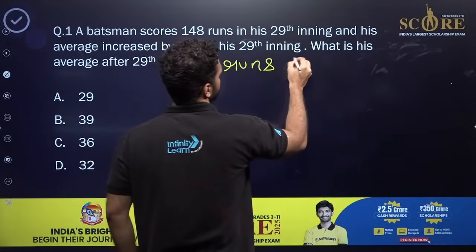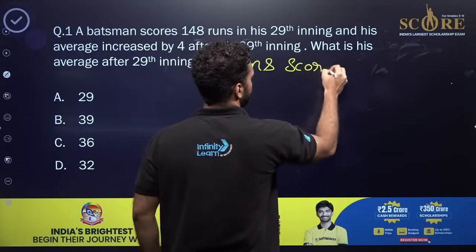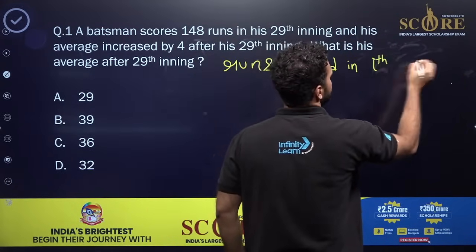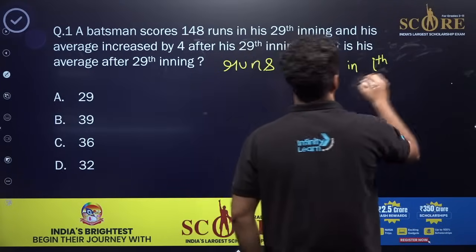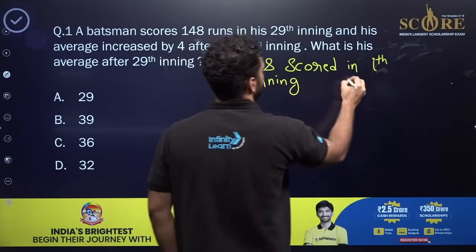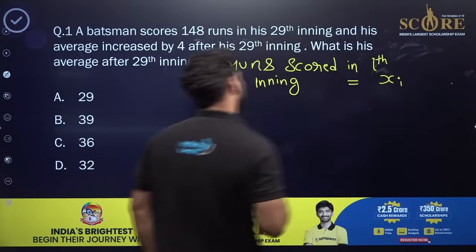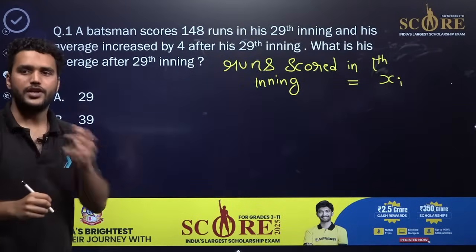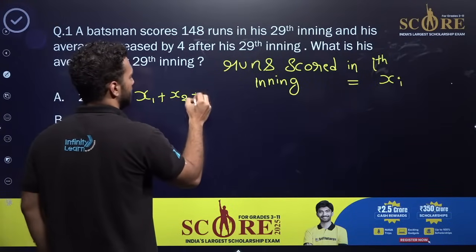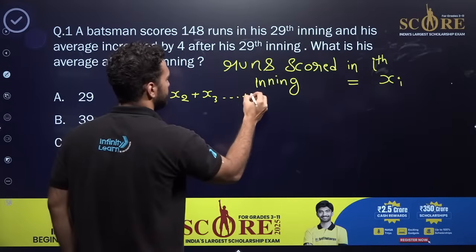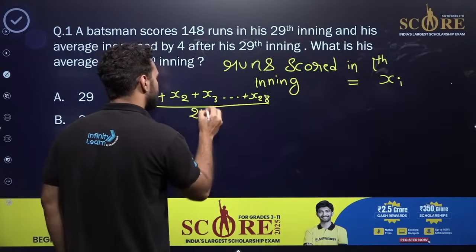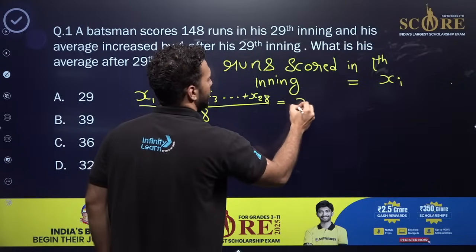Runs score in ith match or inning is equal to xi. So what is the average of 28 innings? Nothing but x1 plus x2 plus x3 dash dash dash plus x28 divided by 28 is equal to, let's say, x.